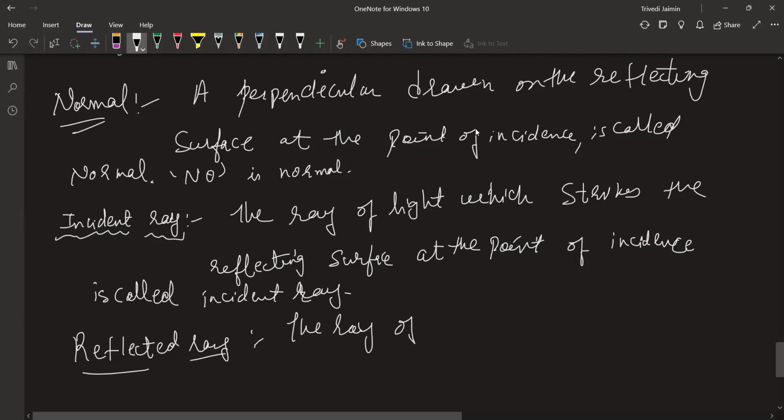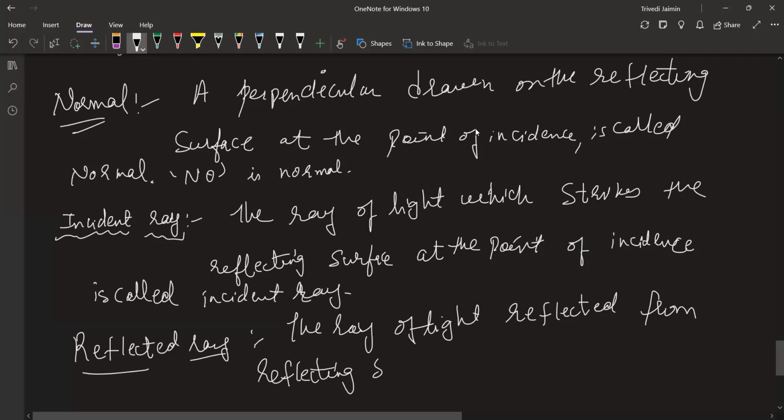The ray of light reflected from the reflecting surface is called the reflected ray.